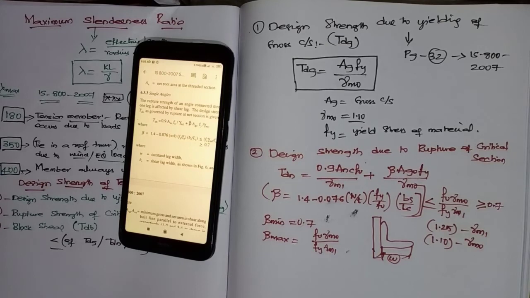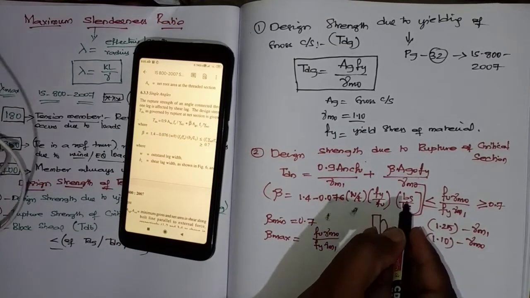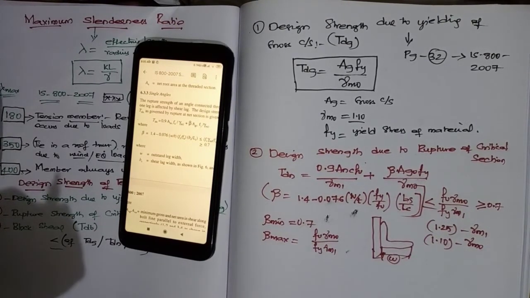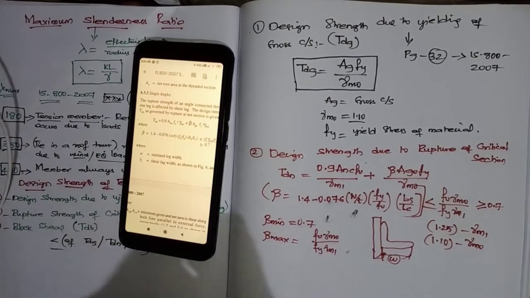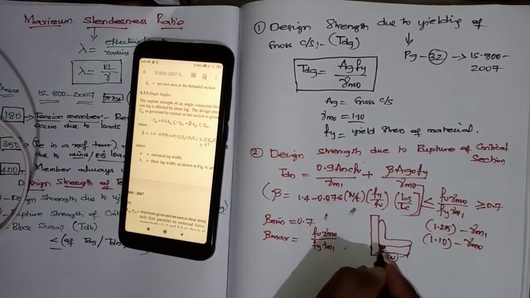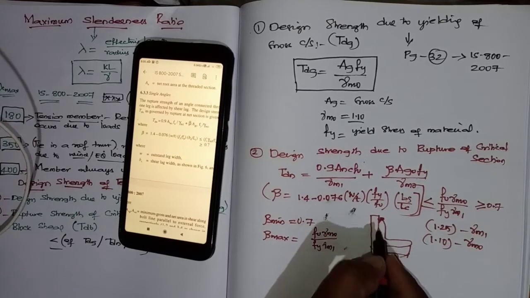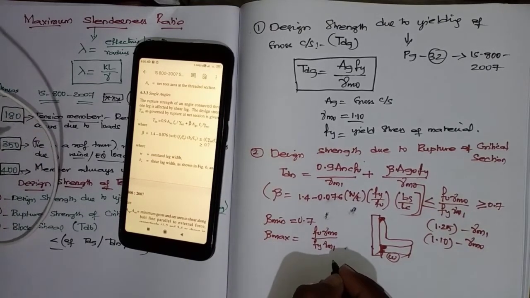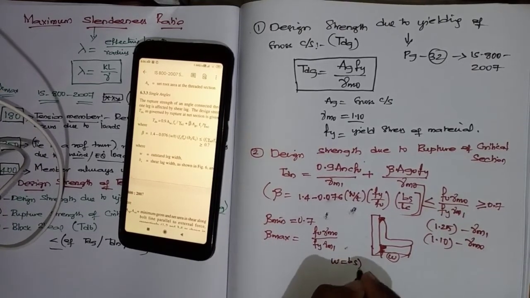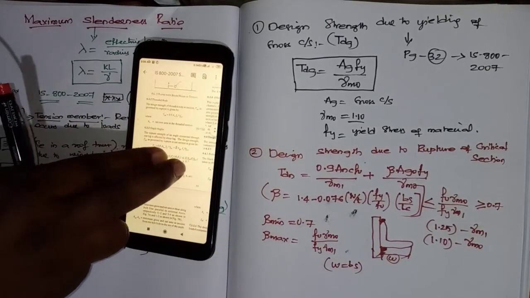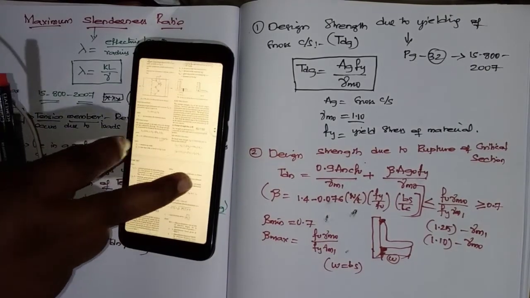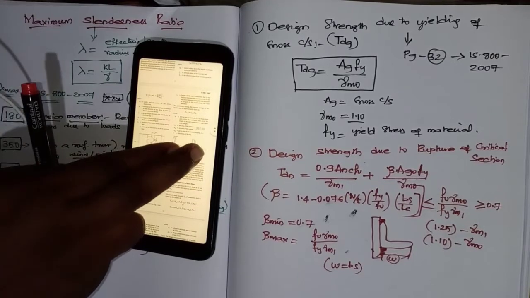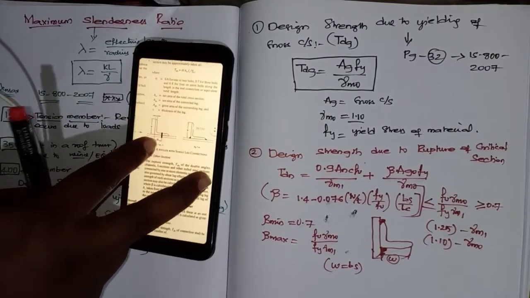Now what is Bs? That is nothing but the width of shear lag in case of welded connection. In case of welded connection, you will be taking W equals Bs. But in case of what? See here, it is clearly mentioned.